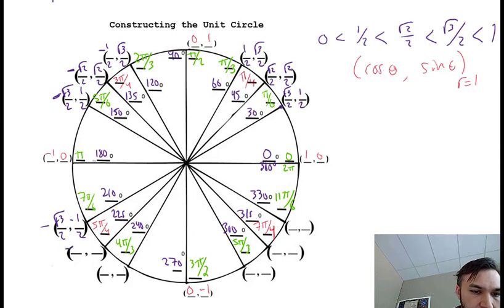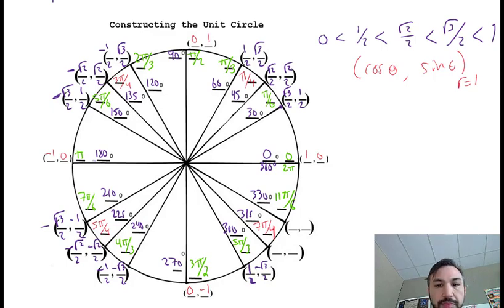So in this quadrant, it's the same points, but we would have to make sure that x and y are both negative. Okay, so x is 1/2, this is 1/2. This one was going up square root of 3 over 2, this one's going down square root of 3 over 2.